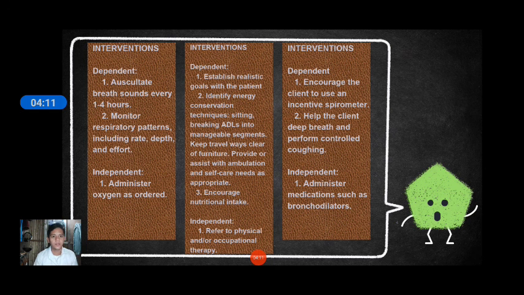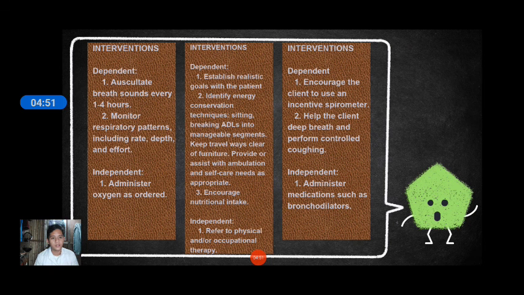And for the fatigue, the interventions that we had for the dependent is establish realistic goals with the patient. Second is identify energy conservation techniques, sitting, breaking activity of daily life into manageable segments, keep travelways clear of furniture, provide or assist with ambulation and self-care needs as appropriate.